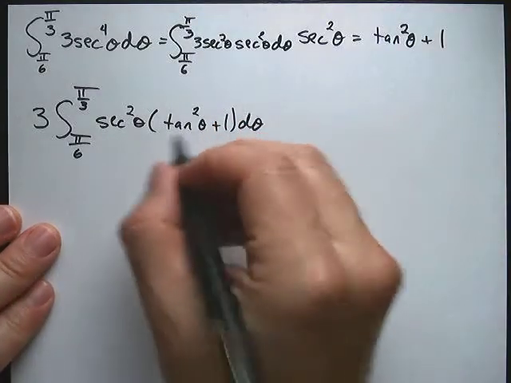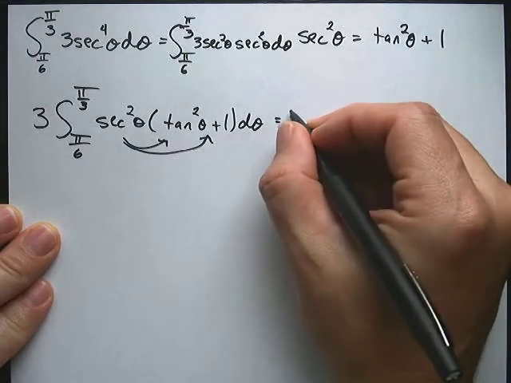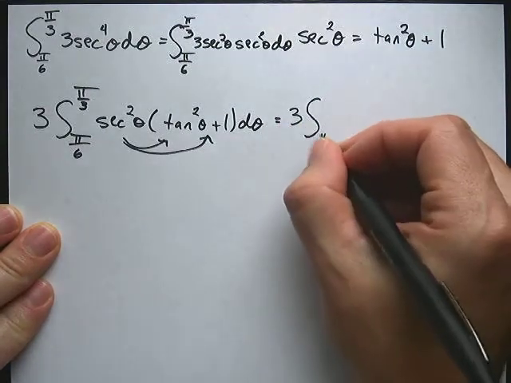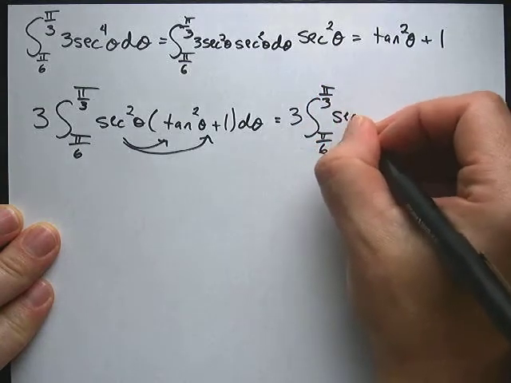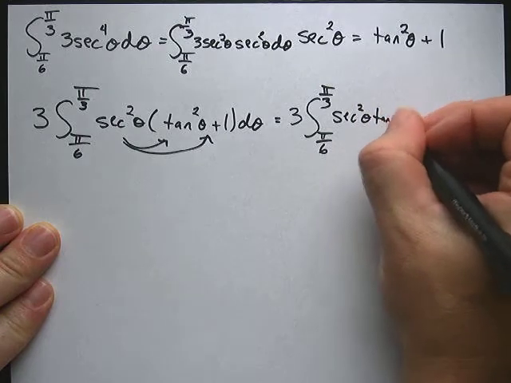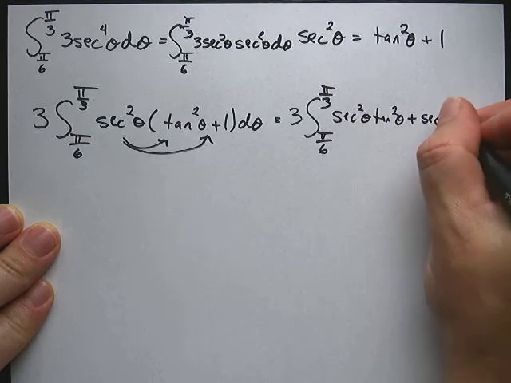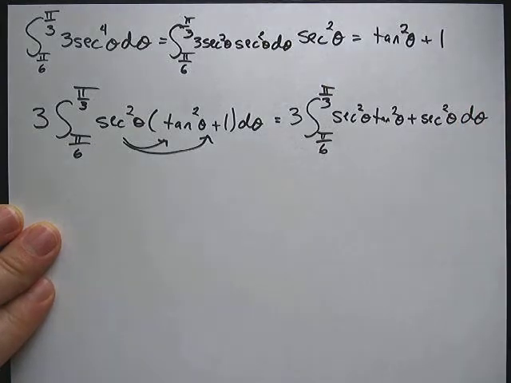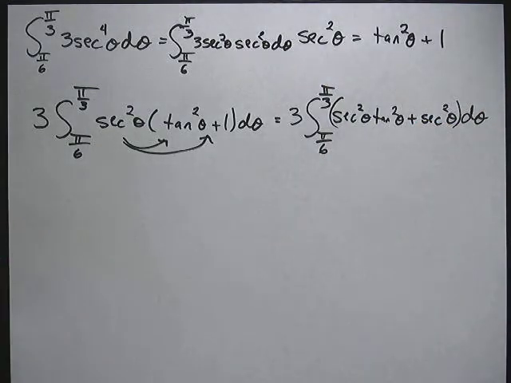Okay, now we're going to distribute. So that gets us 3 times the integral of pi over 6 pi over 3 of secant squared theta tangent squared theta plus secant squared theta d theta. Okay, and that's all part of the integral there.